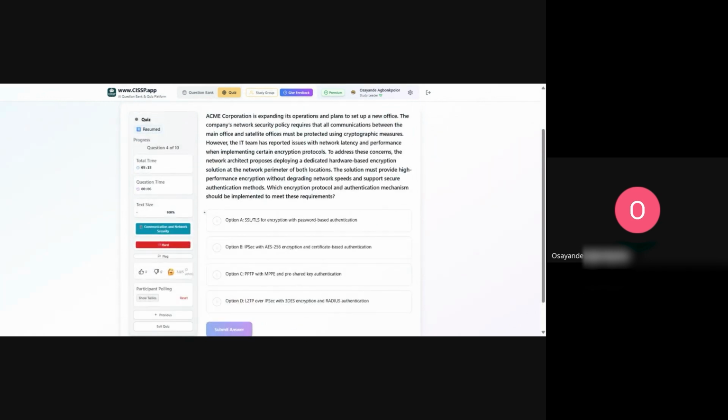Acme Corporation is expanding its operations and plans to set up a new office. The company's network security policy requires that all communications between the main office and satellite offices must be protected using cryptographic measures. However, the IT team has reported issues with network latency and performance when implementing certain encryption protocols.